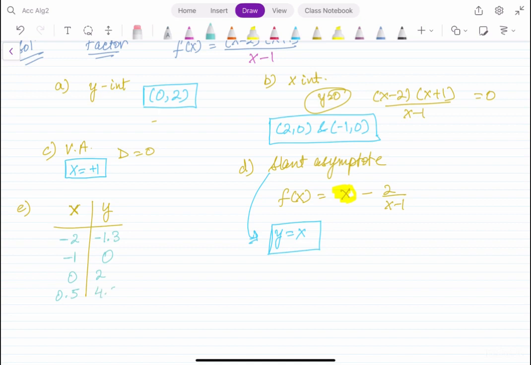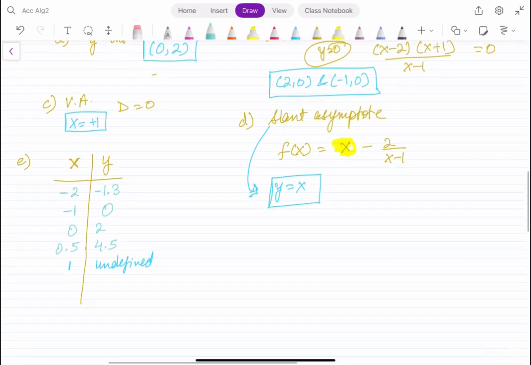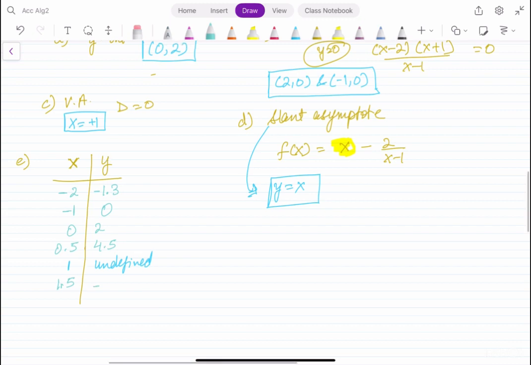That will give you 4.5. And we know at 1 we have a vertical asymptote, so that is undefined. Then we have 1.5. That should give you -2.5. We have one more x-intercept at 2. Let's take one more point. So let's take 3. 3 will give you 2 as the answer. So now we have all the points ready.